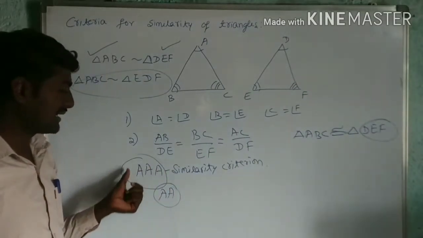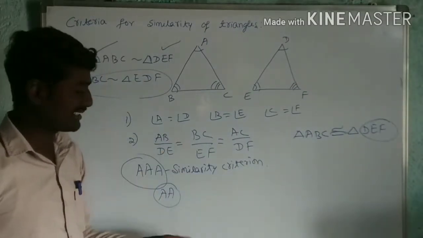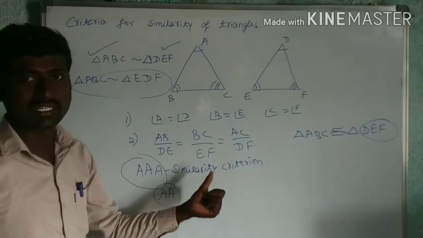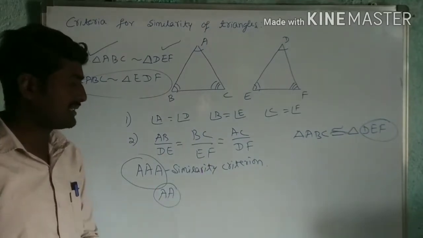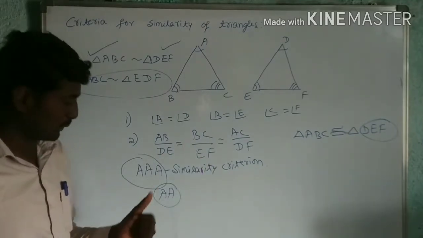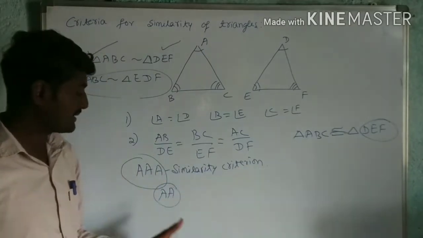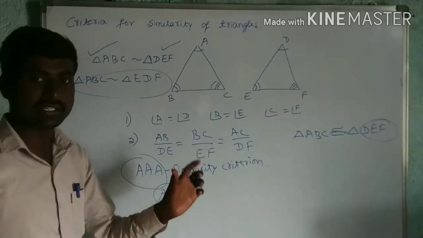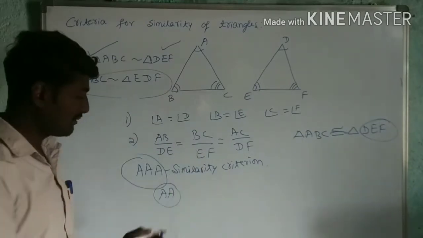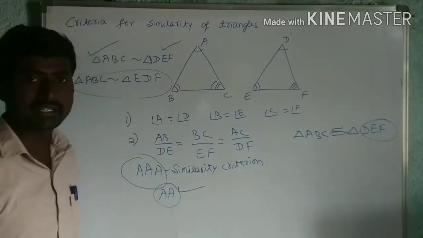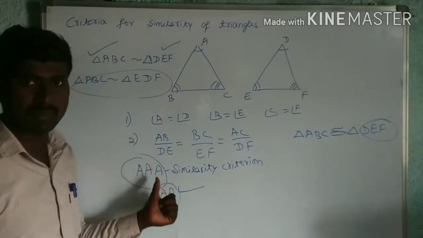So in the examination they will ask, state and prove the AAA similarity criterion, or they may say AA similarity criterion. Maximum they will say AA similarity criterion. Both are the same, and you can follow the same procedure.